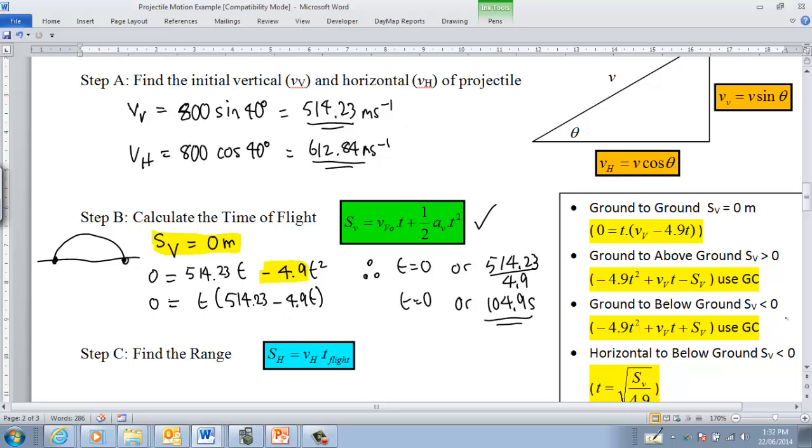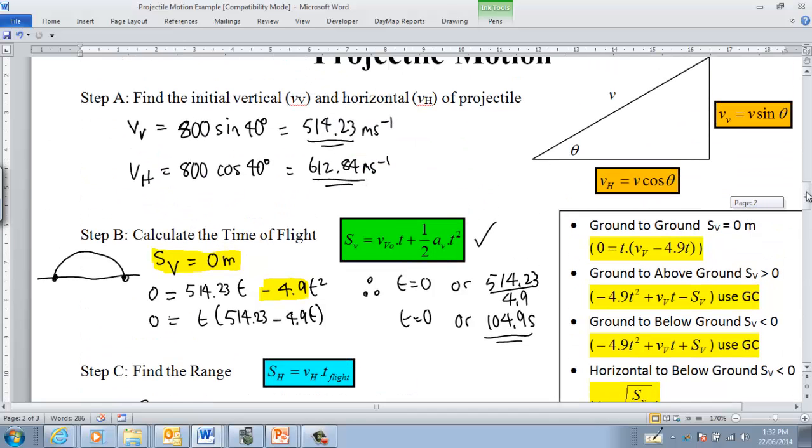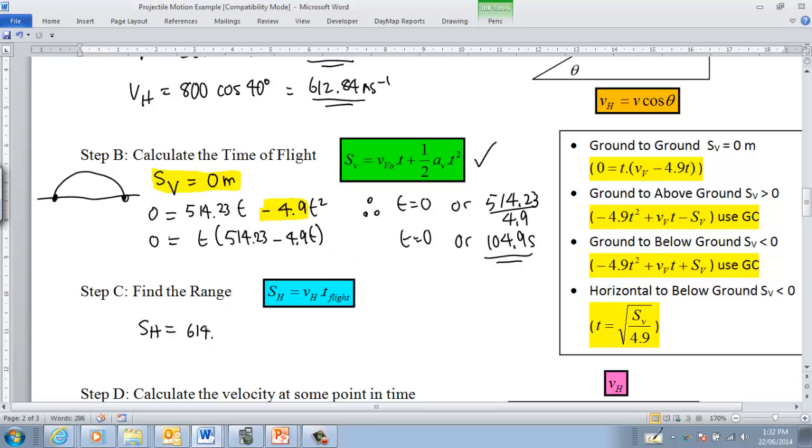Now, the next thing we've got to do is work out the range. Now, the range will be how long it's in the air for, times by how fast it's actually going horizontally. So if we work out our SH is equal to, and you always write the formula down, that's always part of the thing that we're doing. So our SH is going to be 612.84, and we're going to times that by the time of flight, which is 104.9.